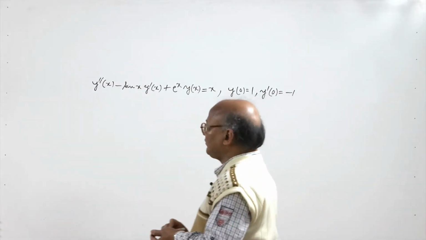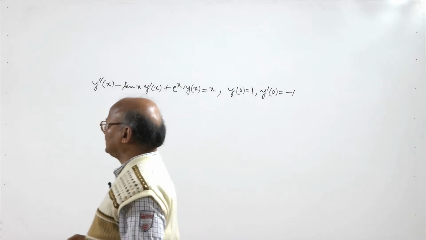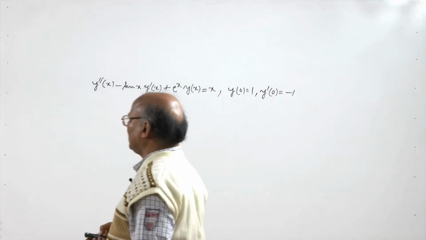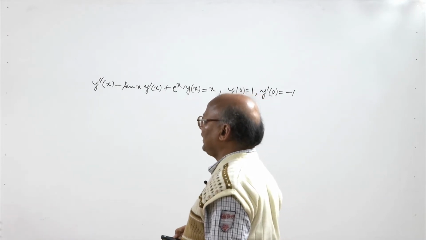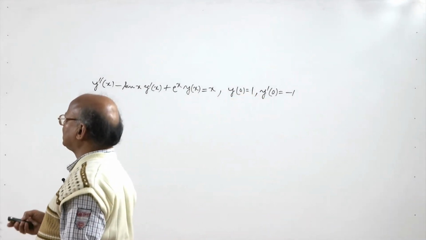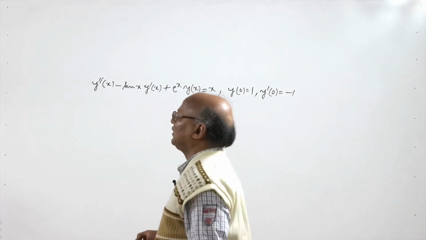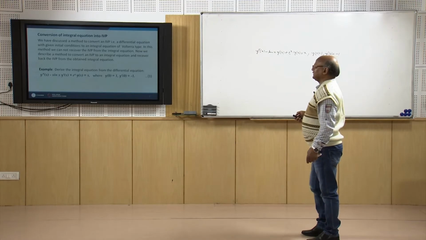So, what we want to do is, we will first get the integral equation associated with this initial value problem, and then we shall recover this initial value problem from the resulting integral equation.